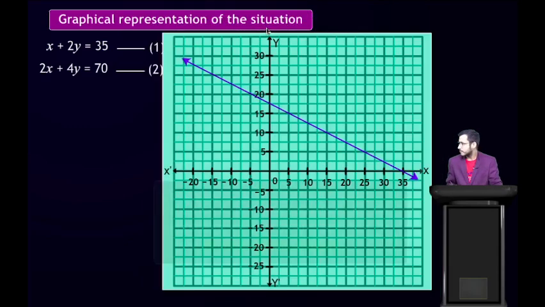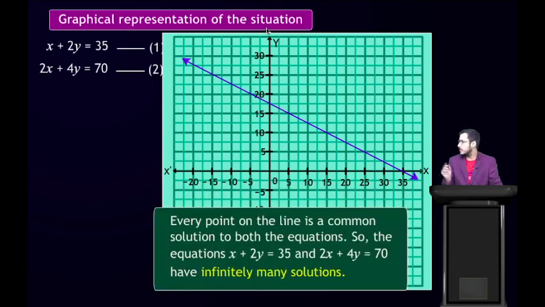Now you can see the graphical representation of the line x plus 2y. Every point on the line is a common solution to both the equations. So the equations x plus 2y is equal to 35 and 2x plus 4y is equal to 70 have infinitely many solutions.